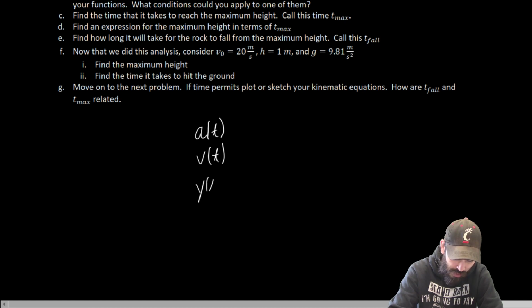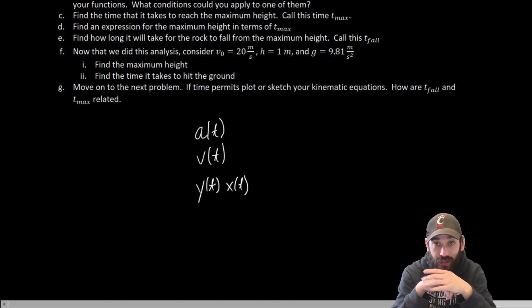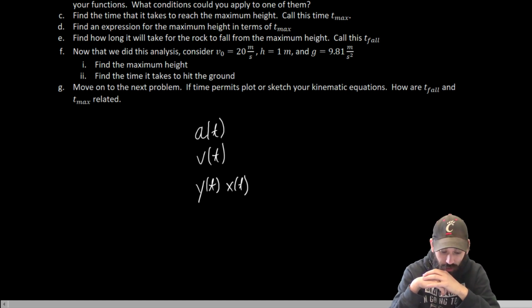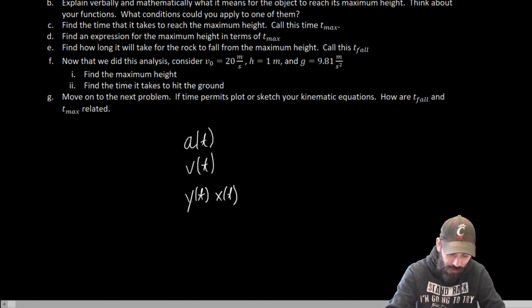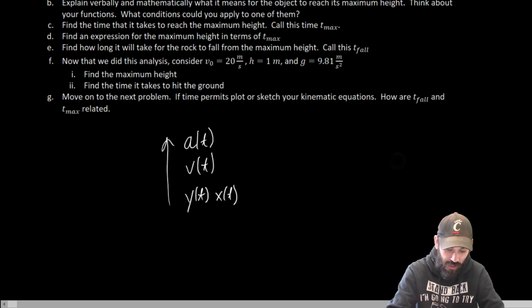Now you could call this y of t or x of t, depending on your coordinate system. If you're moving up and down, then you usually call it y. If you're moving left and right, you usually call it x. But either way, we're interested in going up from the bottom, or we want to go down from the top.